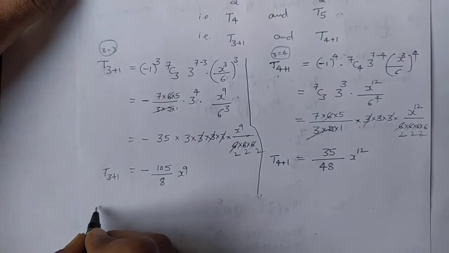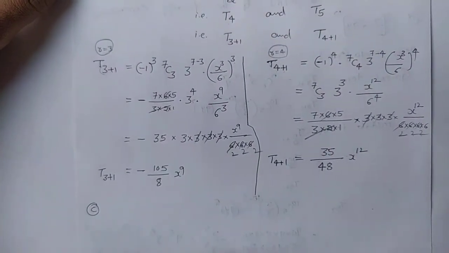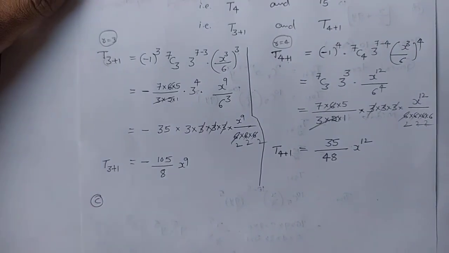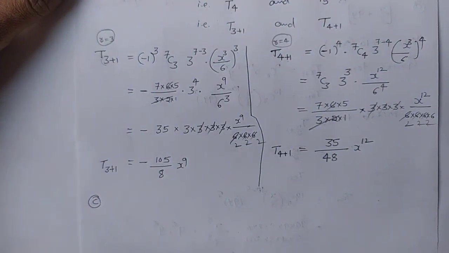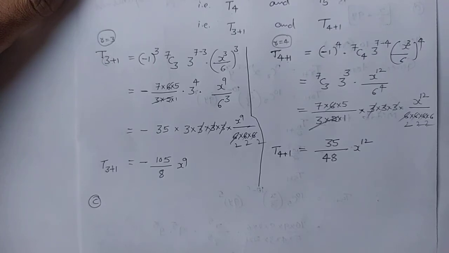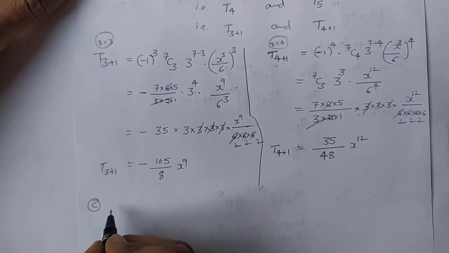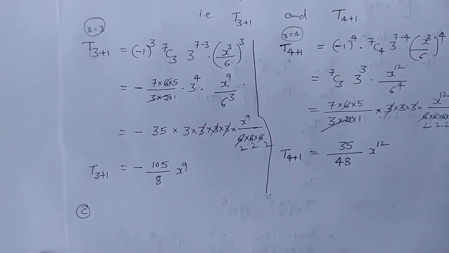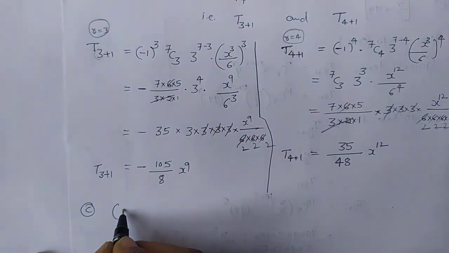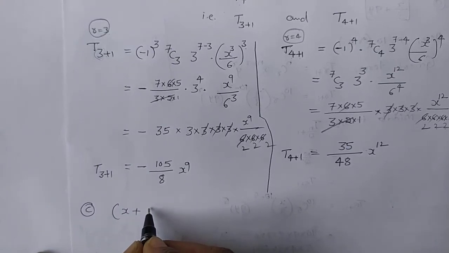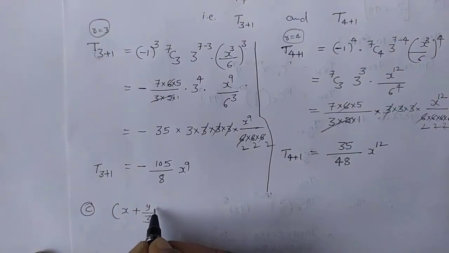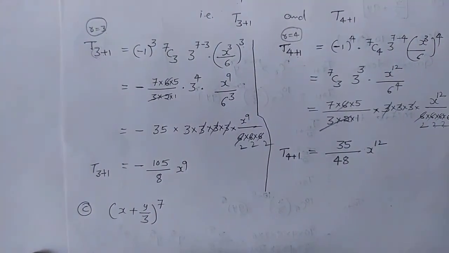Based on these questions, I am going to give you homework problems. Kindly note down the homework questions in your notebook. Third question: find the middle term in the expansion of (x plus y by 3) whole power 7.